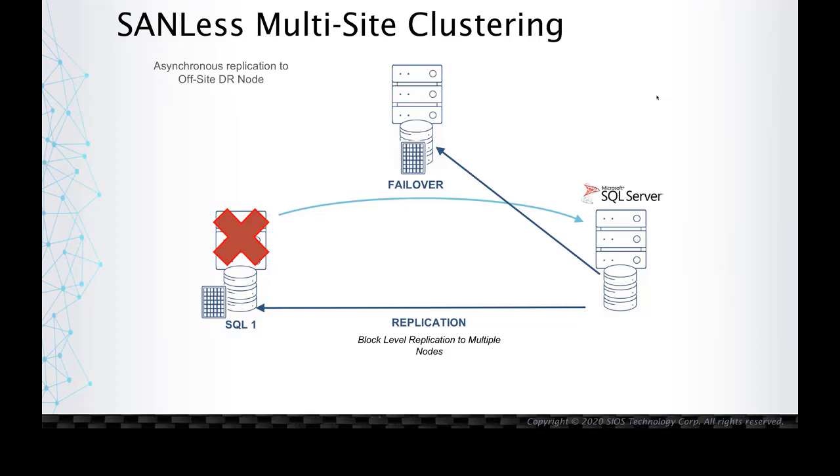And Always On availability groups, if you're not familiar with it, it's very similar to what I'm talking about here, but there are some key differences. One of the differences is that for the full version of Always On availability groups, you need to have the Enterprise edition of SQL Server. So it's quite an expensive proposition.